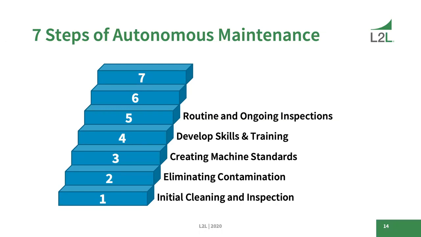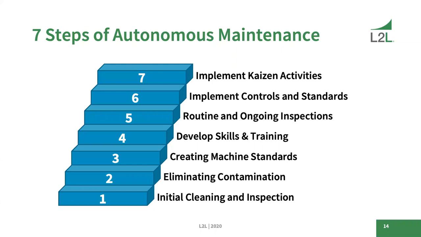Then the next thing is that we want to make sure we have routine and ongoing inspections of the equipment every day, that we're looking at it, that we're doing the things we need to in order to identify those abnormalities and inspect the machine. Then we begin to look at implementing controls and standards, and I'll show you a few examples, but we're talking visual controls on the machines and visual standards that make it easier for the operator and easier for maintenance to do their job when it comes to ongoing inspections.